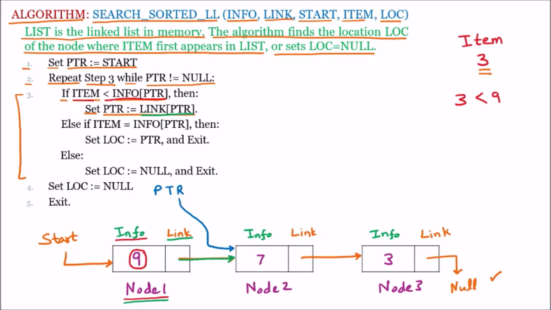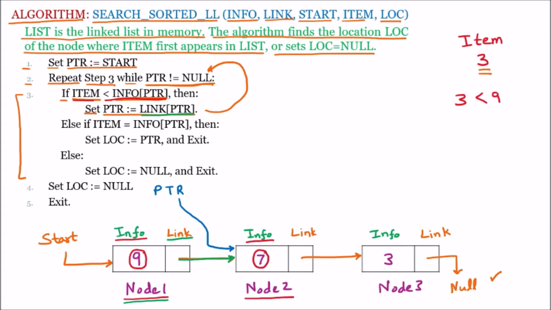So now this if part is over and afterward it will go back and check the condition. Is PTR null? No, the PTR is not null. PTR is pointing to node 2. And again it is checking item less than info PTR. So PTR is pointing to node 2 and the info part we are having is 7.